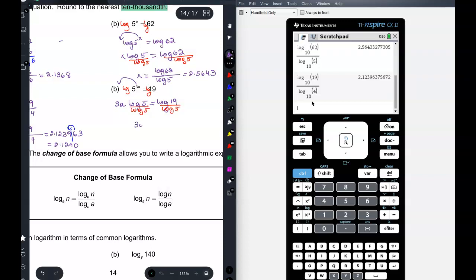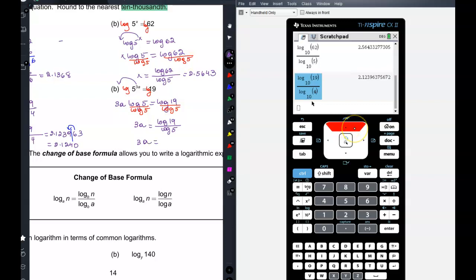So 3a is log 19 over log 5. 3a is equal to, let's see. You know what? This is so similar. I'm just going to press up button twice and bring this back and edit this because it's log 19 over log of 5.